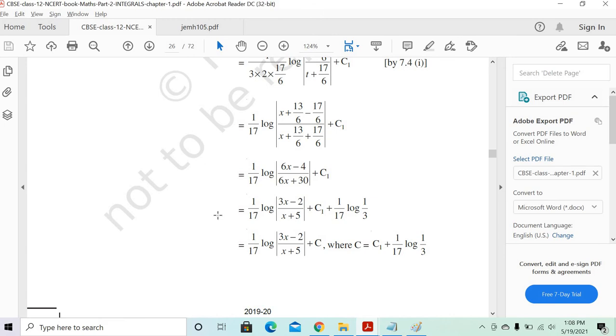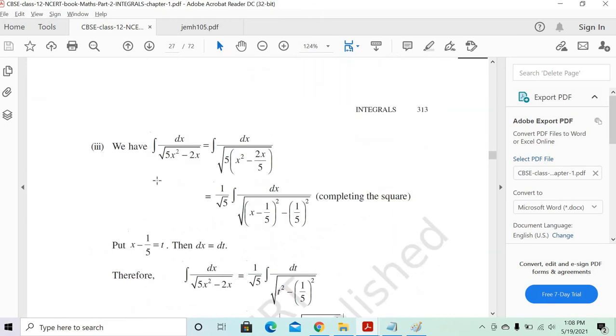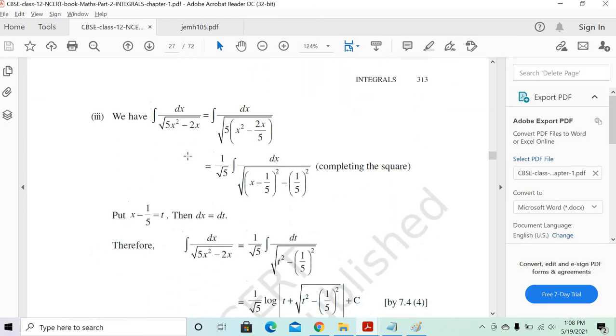It's fine. Right? Okay, sir. Yeah, go to the third part now. Now you understood the completing the square method. Okay, try the third one now. Okay, sir.